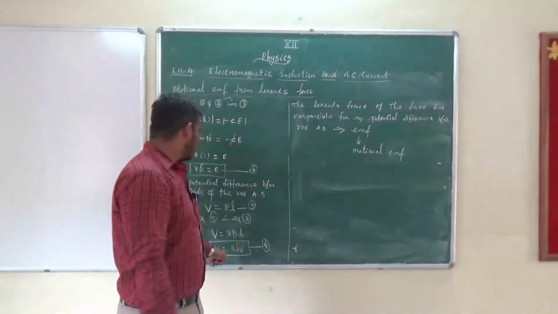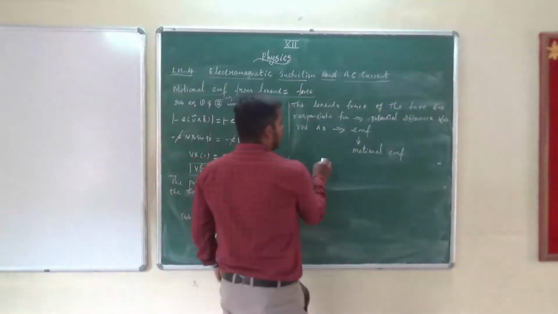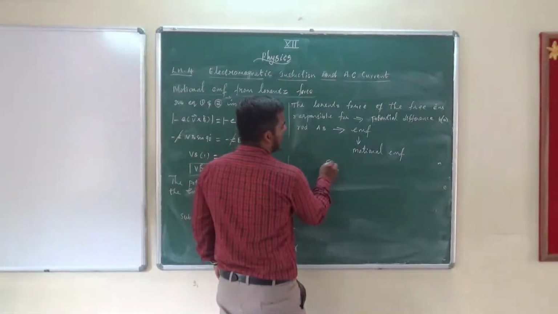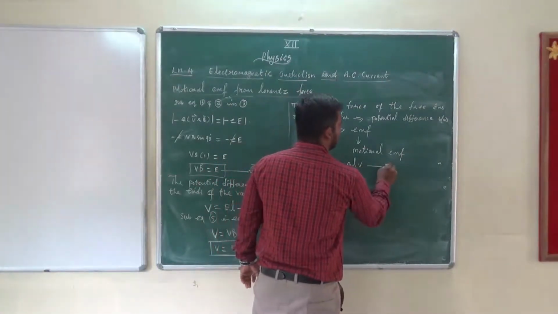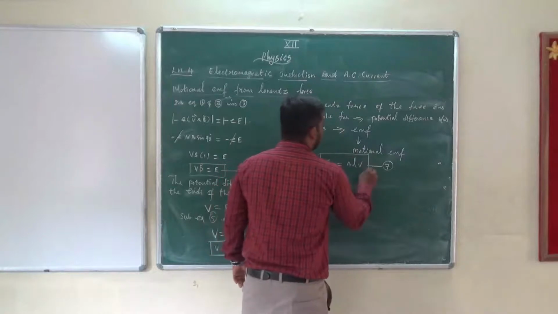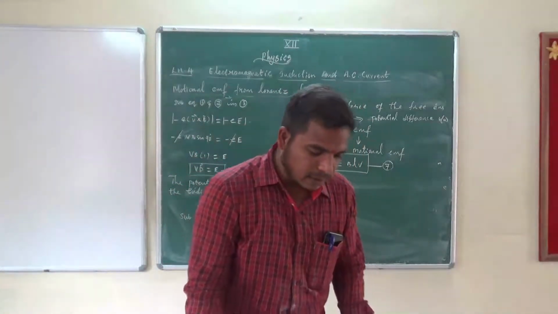In equation number 6, left side V is there, so we will write that EMF, symbol psi, is equal to BLV. This is equation number 7. This equation number 7 is nothing but our required equation.